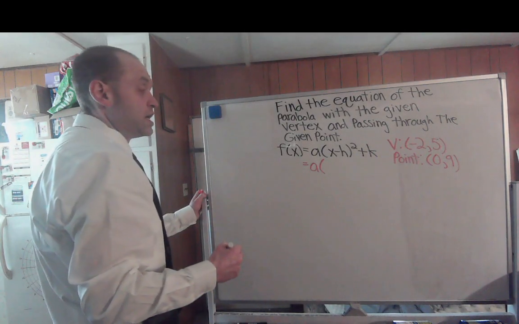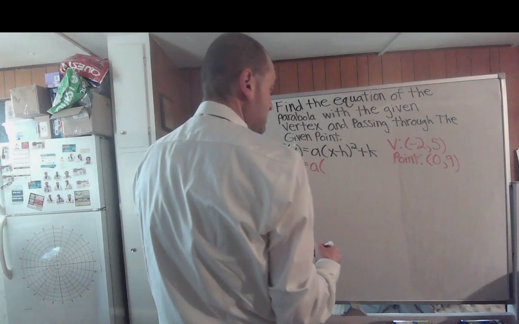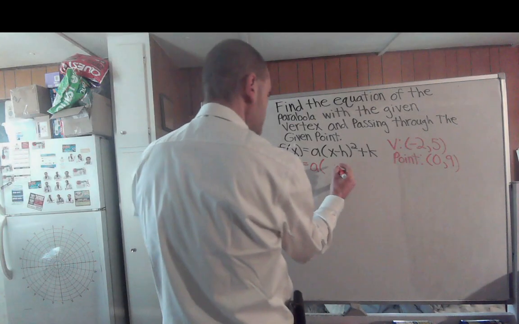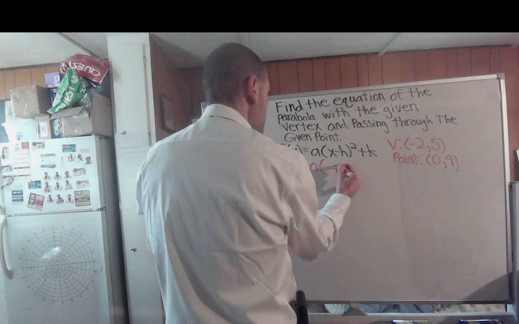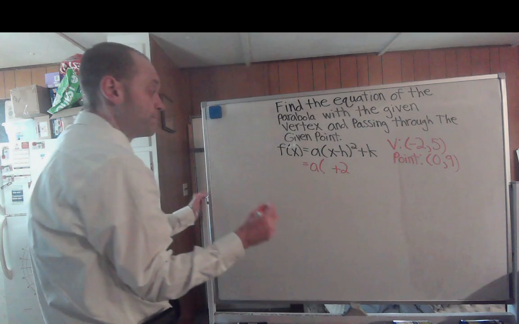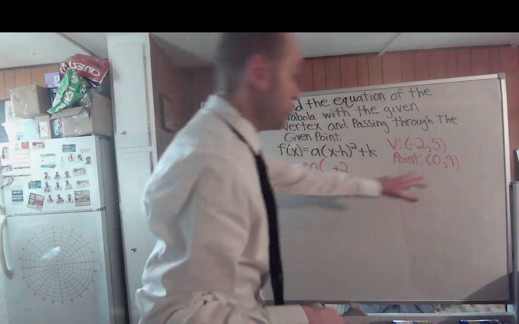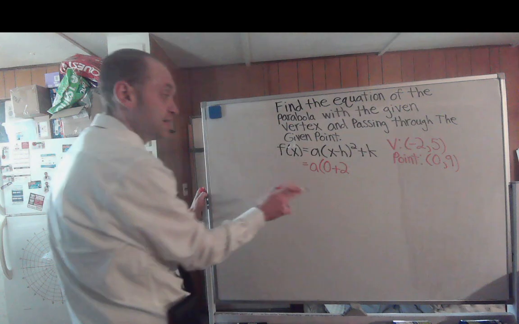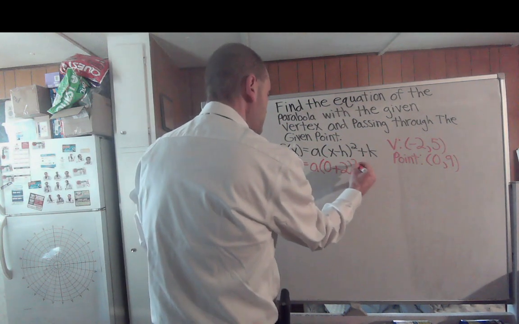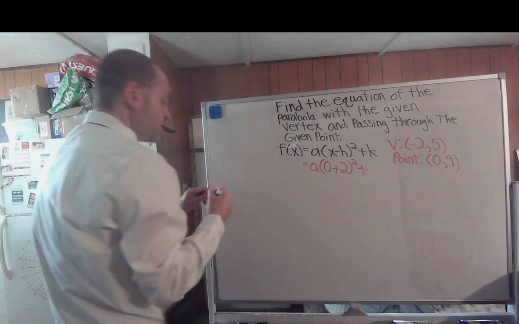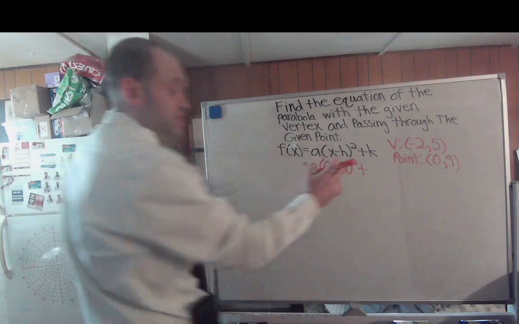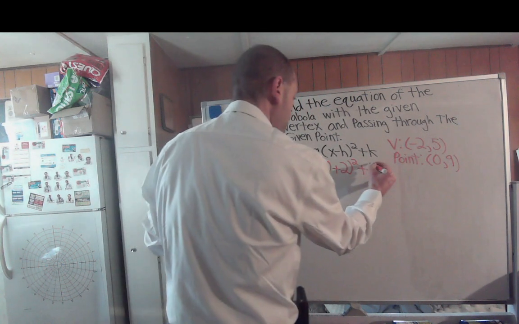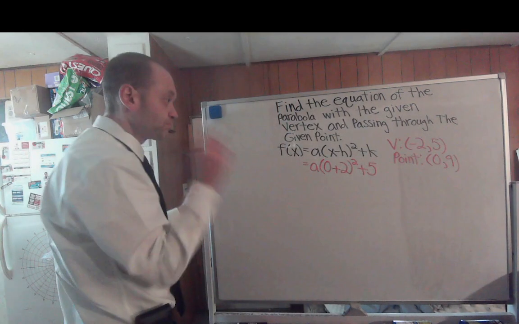Now, the vertex is always that minus h. Well, minus 2 is plus 2. So in this case, you'll have plus 2. Now for the point, they give you 0, so you'll put in your 0 for the x itself. That'd be squared plus the y-coordinate of the vertex, which is k. That's 5. That's always your y-coordinate.